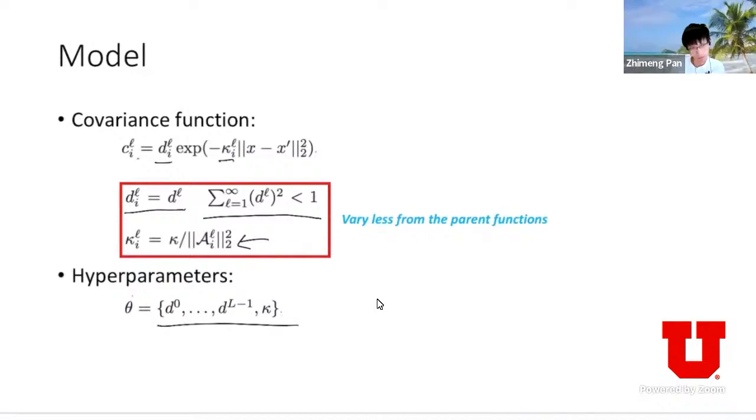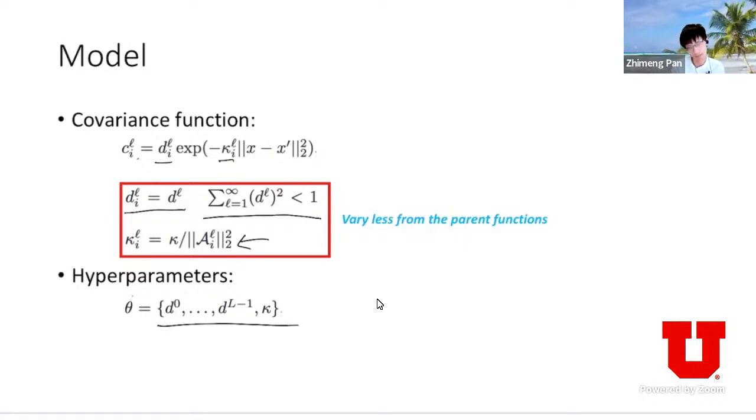And kappa for different levels is determined totally by the L2 norm over the partition. These parameters just serve as hyperparameters of the prior. So the posterior, you can get from the data. So that means if the length of the partition is shorter, then the length scale should also be less.